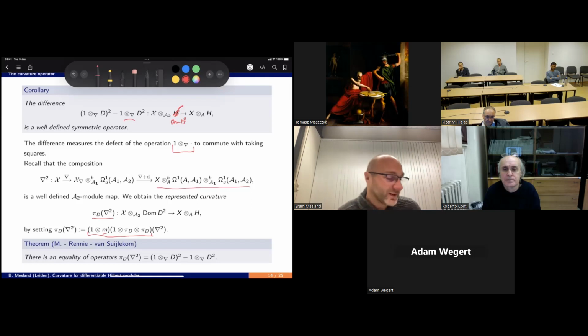So that's, if you will, a new interpretation of the curvature of a module, that it can be seen as this defect in the lifting of the Laplacian associated to the spectral triple.